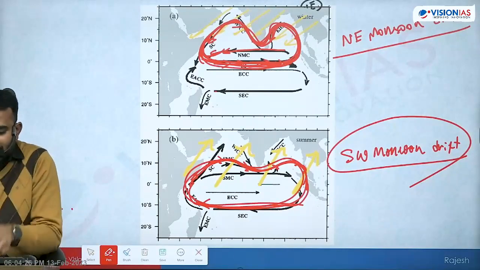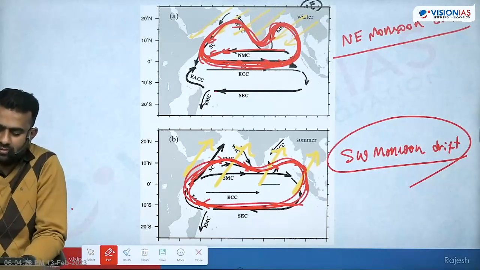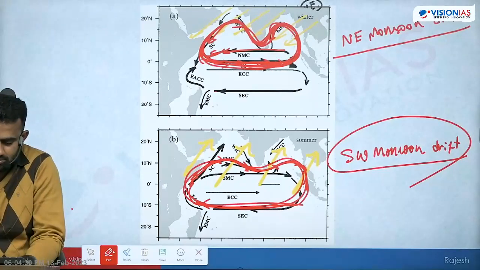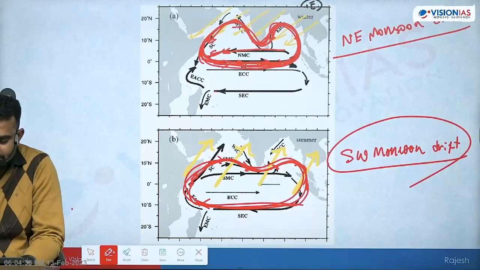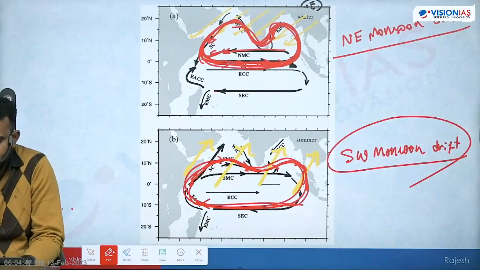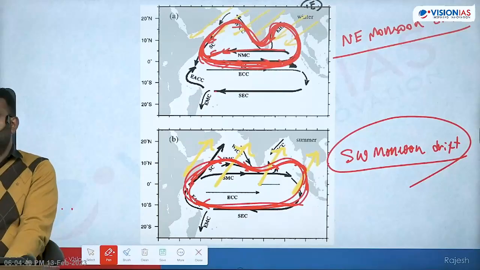North equatorial current flows westward above the equator.